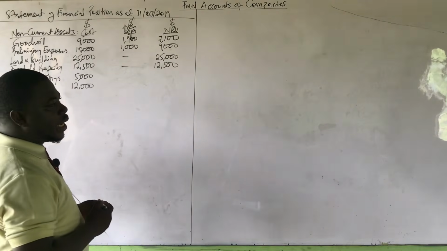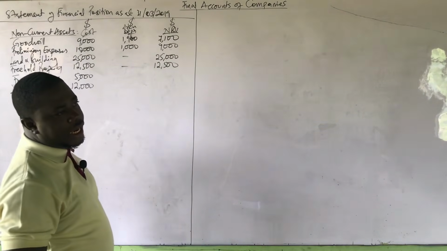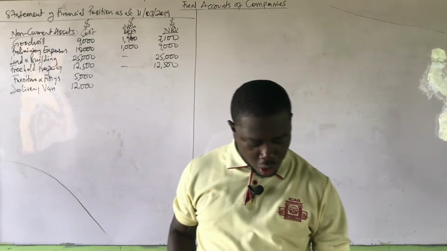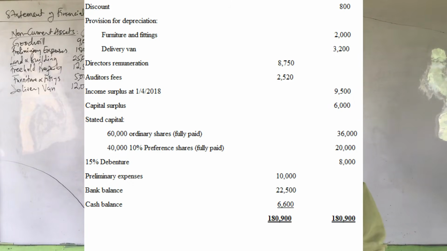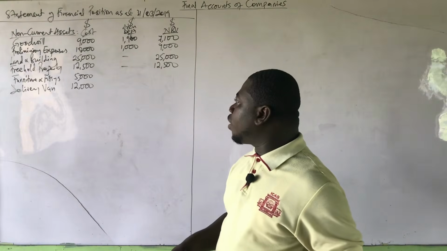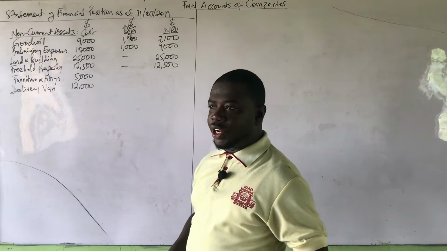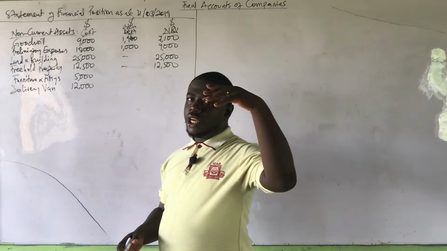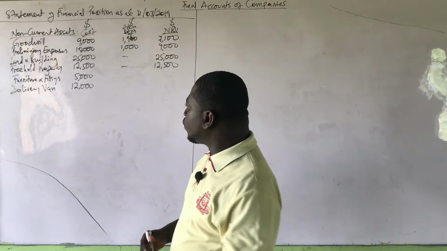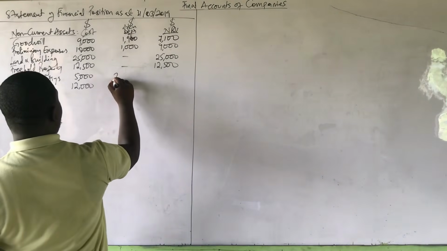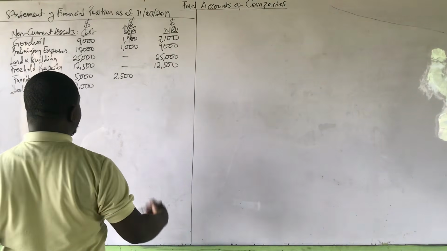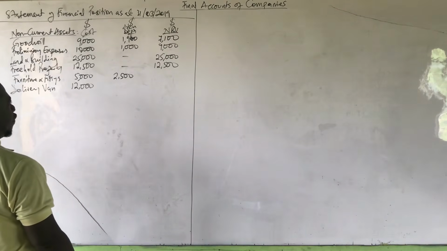Now remember that the furniture and fittings had an accumulated depreciation of 2,000 Ghana cedis in the question already, and then this year we calculated depreciation and we had 500. So when we add 500 to the 2,000, we have 2,500 as accumulated depreciation on furniture and fittings.